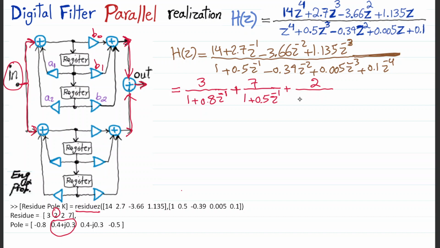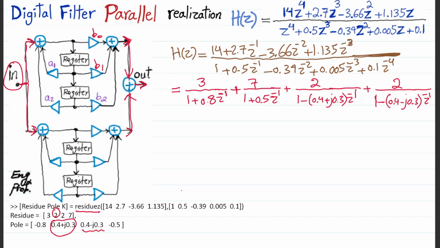So you write 2 over 1 minus 0.4 plus j0.3 z^-1, plus another 2 over 1 minus, this time, 0.4 minus j0.3 z^-1.